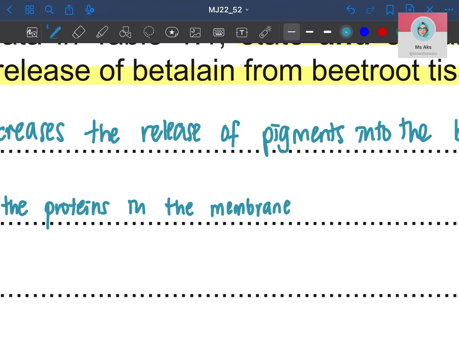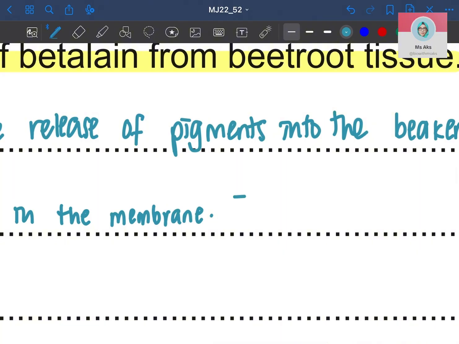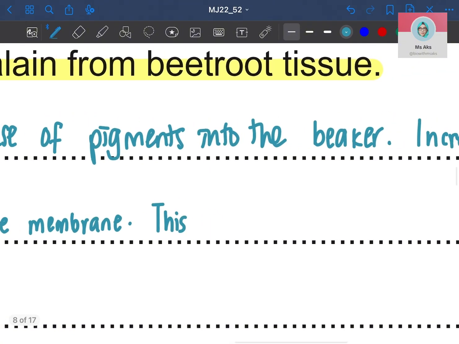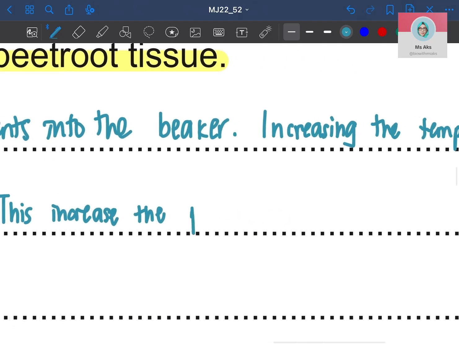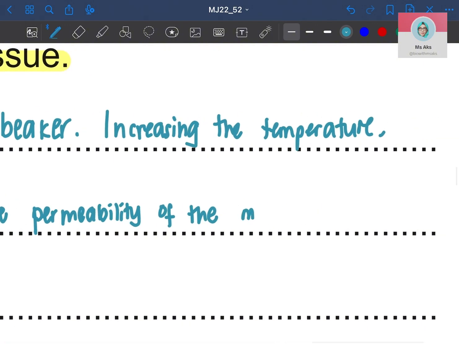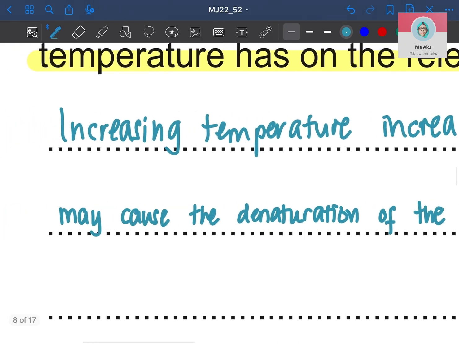So when there is not much protein available, you're causing the permeability to increase. Therefore, more pigments pass through.